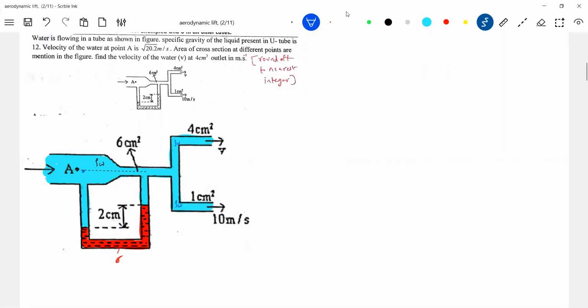We'll take some points for our reference: this is 1, this is 2, this is 3, this is 4. There are two liquids, density sigma.